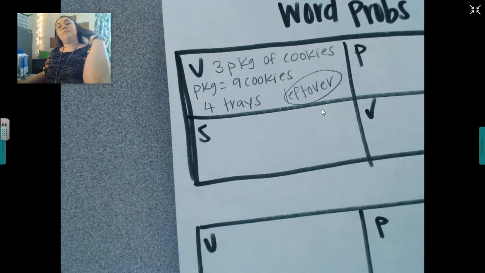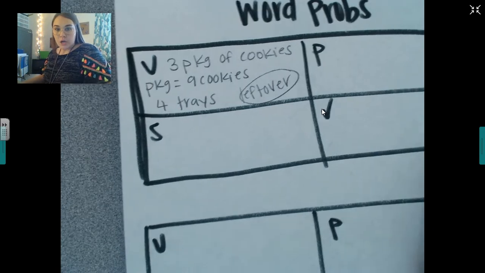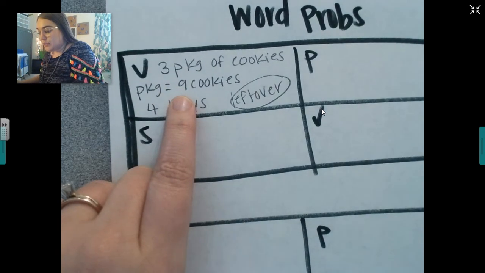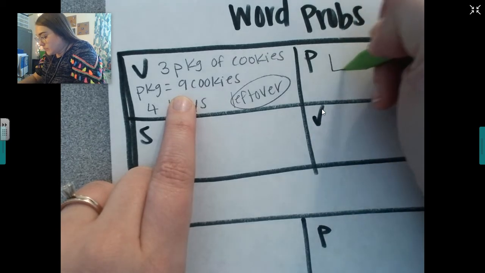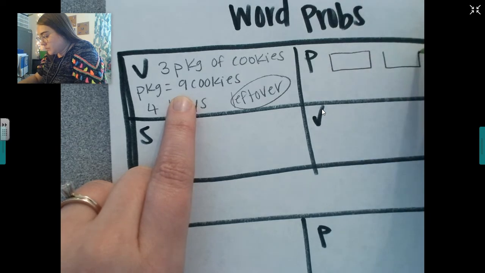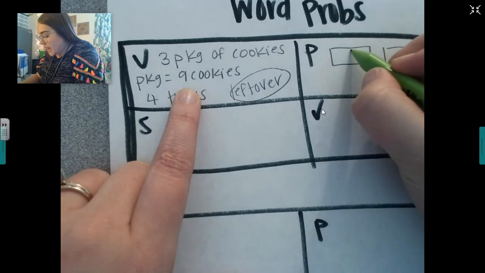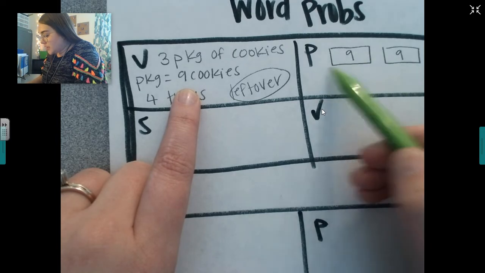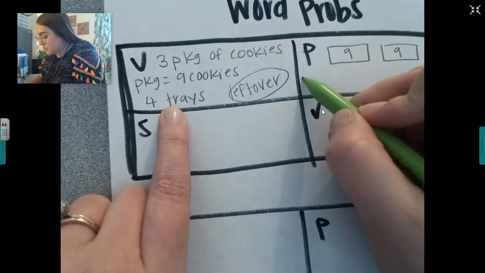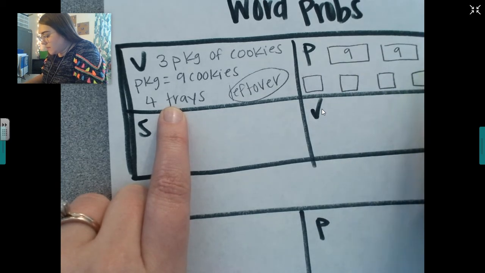So this looks like there are 2 steps to this problem. First of all, I have to figure out the total amount of cookies. So she has 1, 2, 3 packages of cookies. And each of those packages, she has 9 cookies. So then she took all of these cookies and she put them into these 4 trays.